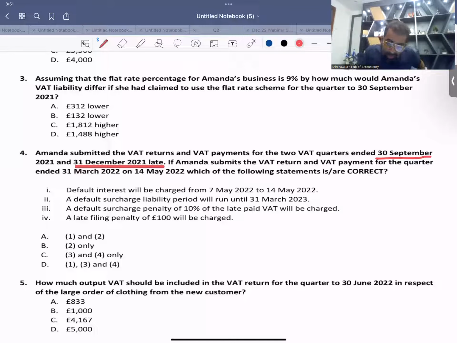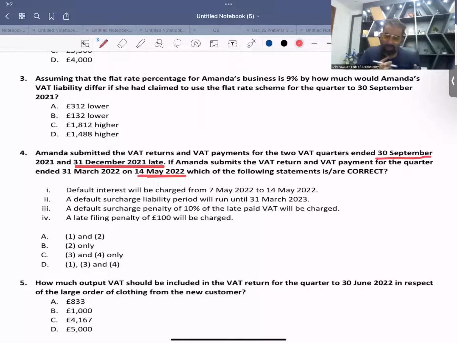Now, if Amanda submits the VAT return and VAT payment for the quarter ended 31st March 2022 on 14th May, what was the normal time for VAT? 1 month and 7 days. So 7th May 2022 was the due date for the March quarter, but she did it late.